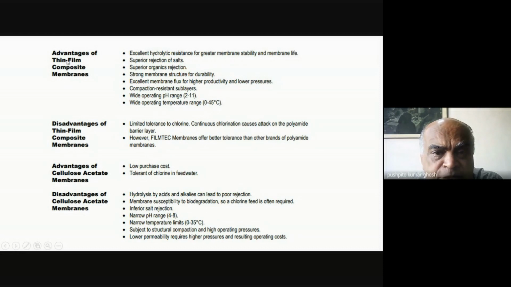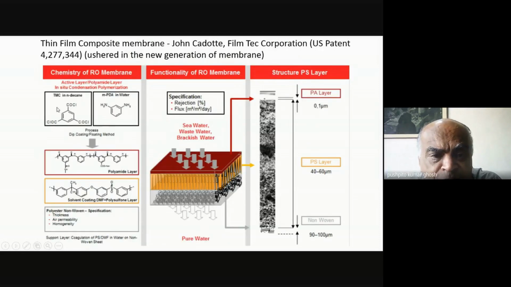The advantages of the thin film composite membrane: one is that there is excellent hydrolytic resistance. The reason is because amides are much less vulnerable to hydrolysis as compared to esters. And cellulose acetate is basically an ester. Esters are far more vulnerable to hydrolysis.